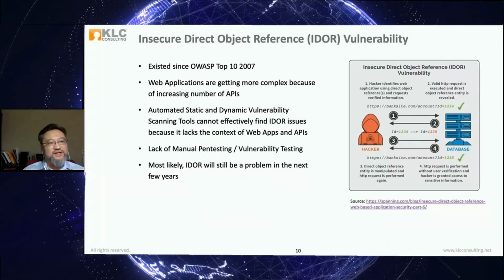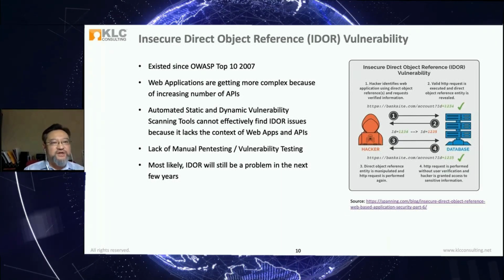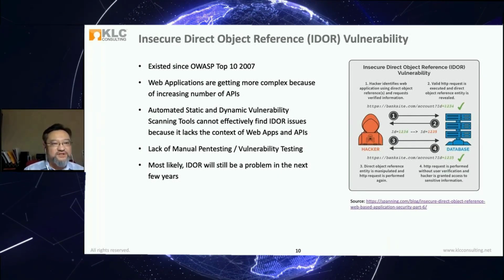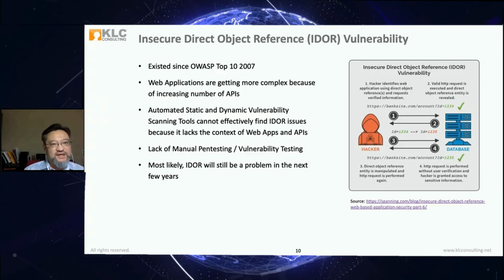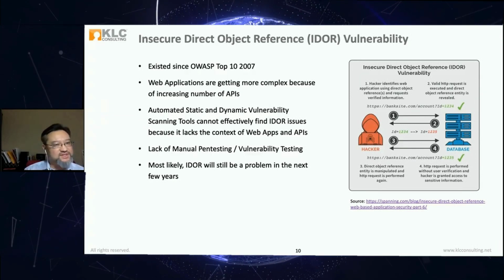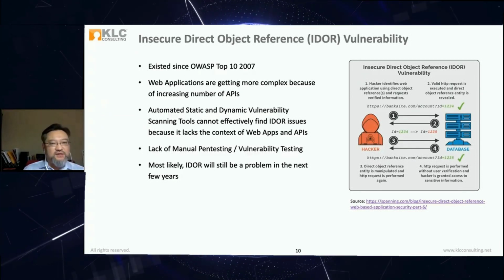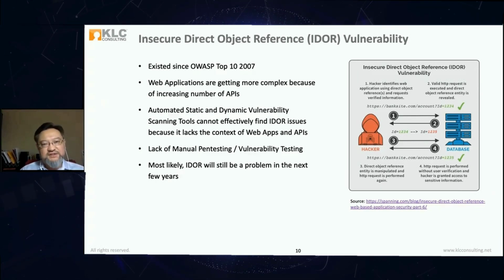Let's take a look at the IDOR, the Insecure Direct Object Reference vulnerability. As I mentioned, this has been there since 2007, right? Take a look at what IDOR is. On the right side, it's a very quick, simple example. If I am the user, I log into the application and I'm given the ID 1234.